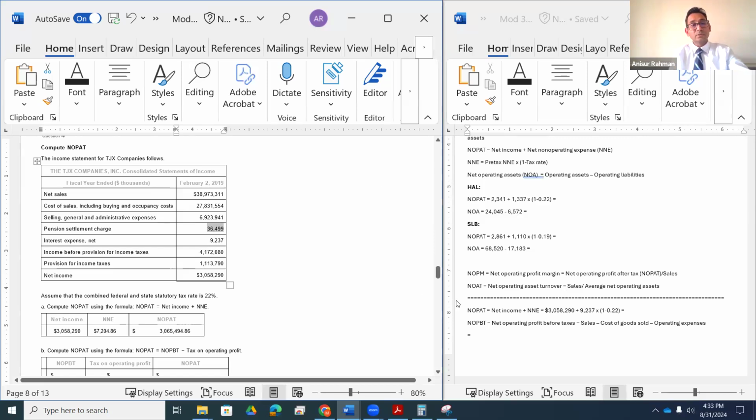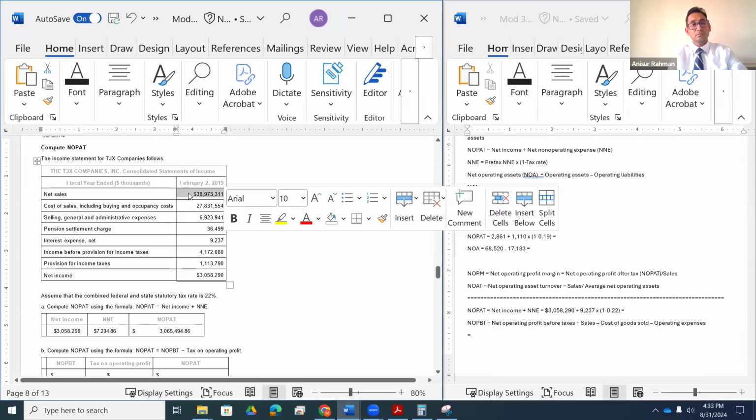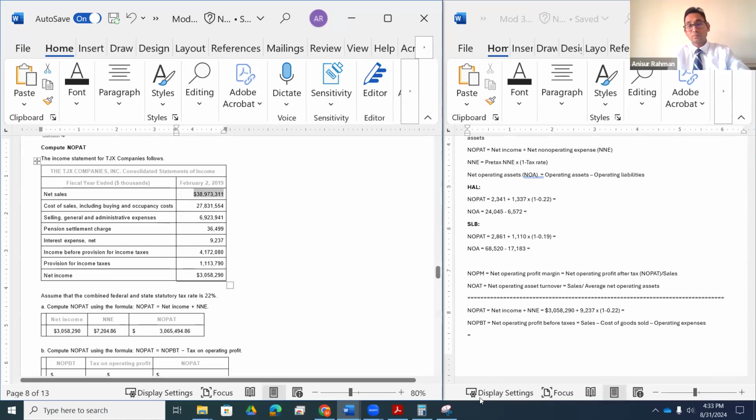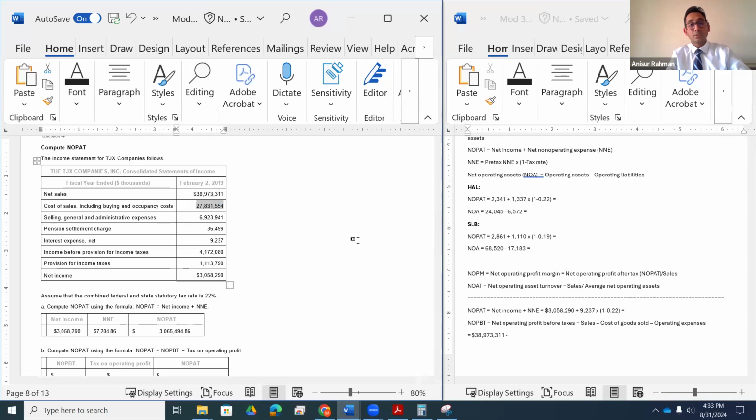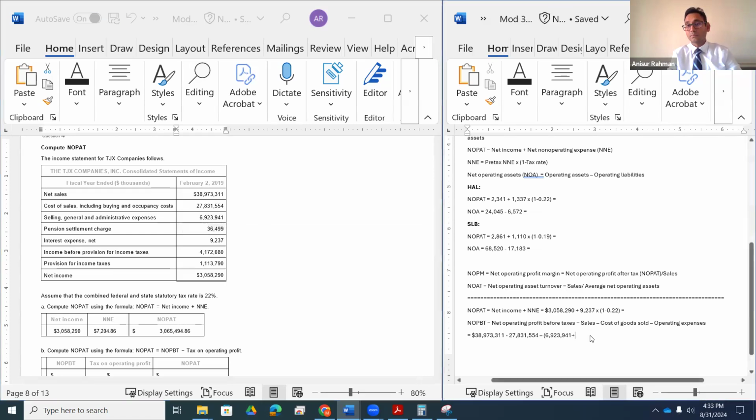So what we have to do, minus our cost of goods sold minus our operating expenses, which are this plus this.